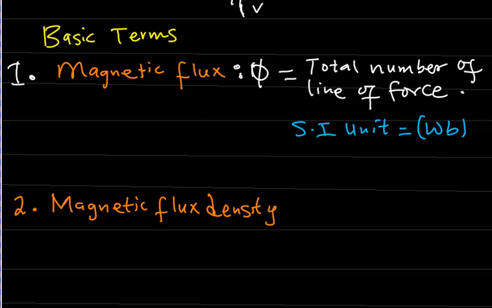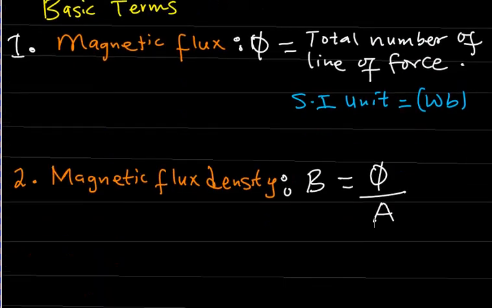I'm sure you know this already. The symbol is B. This is defined as magnetic flux per unit area.